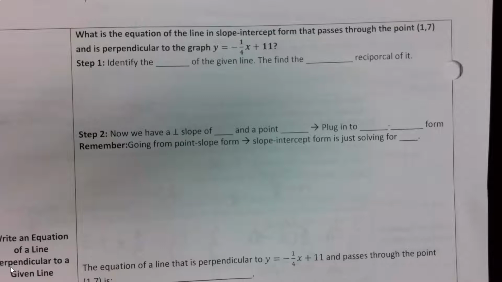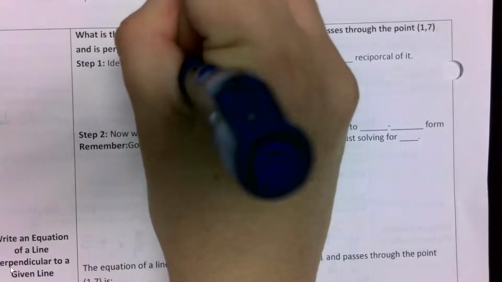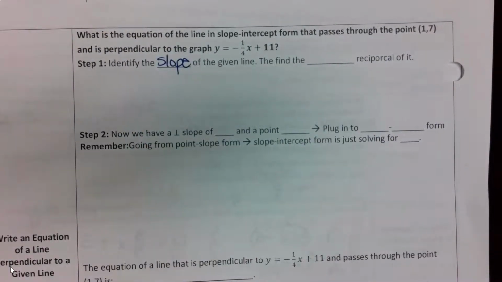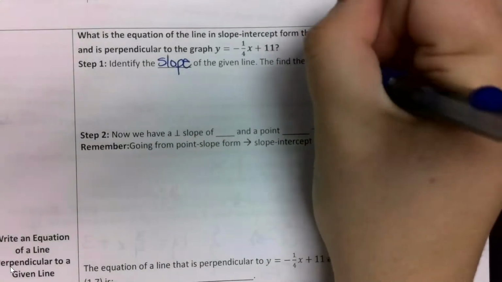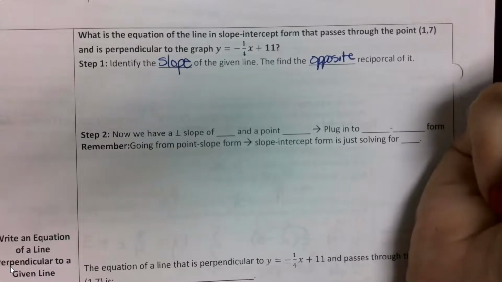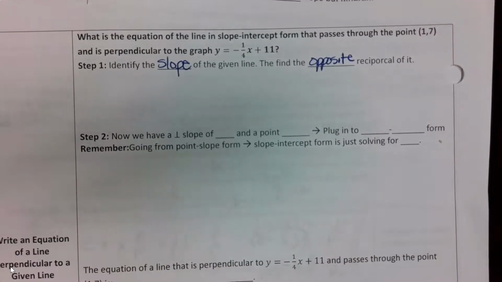So the first thing I want to do here is identify the slope of the given line. Then I want to find the opposite reciprocal of it. So what's my slope?